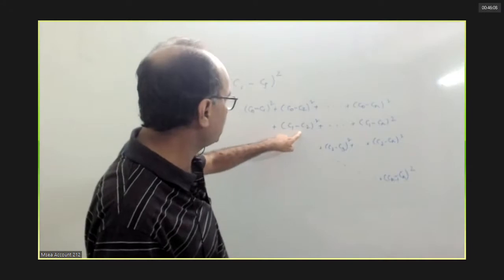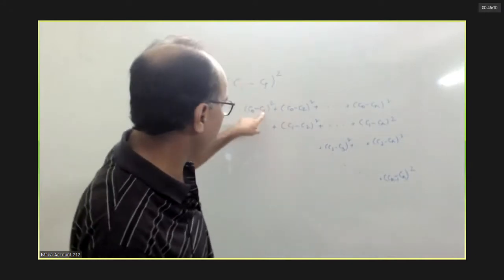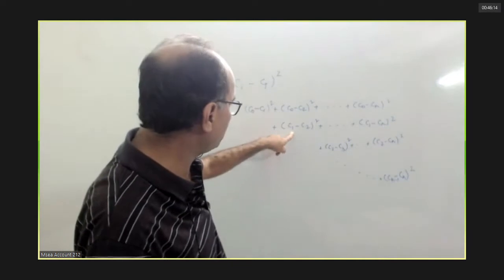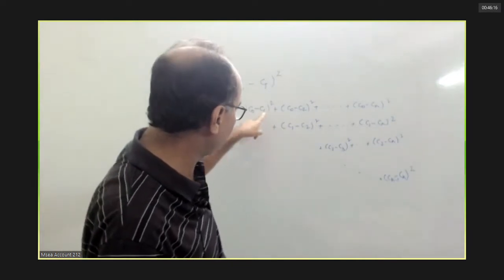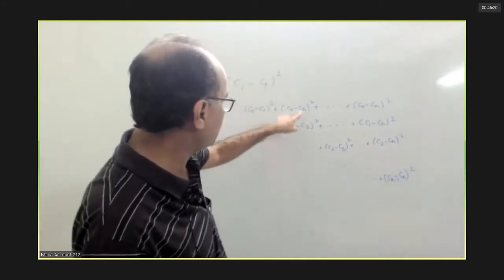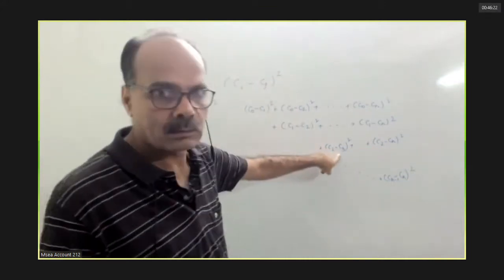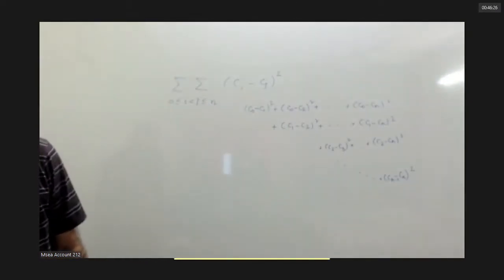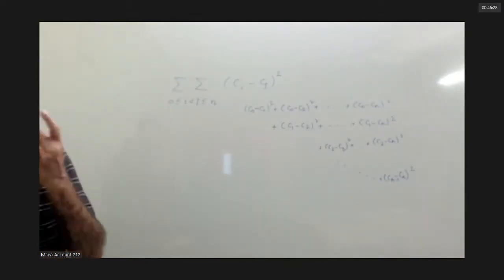C1 square will appear n minus 1 times in the first row, plus 1 time in the second row, so n times. C2 square appears n minus 2 times plus 1 time here and 1 time here. So all squares will appear n times.